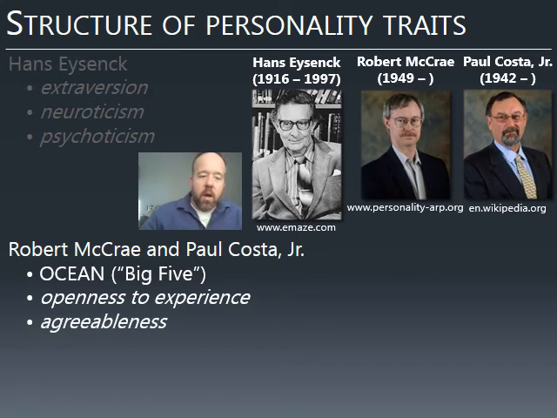The A is for agreeableness, and this is the degree to which people try to get along with others, how trusting they are. So it describes their social relationships.